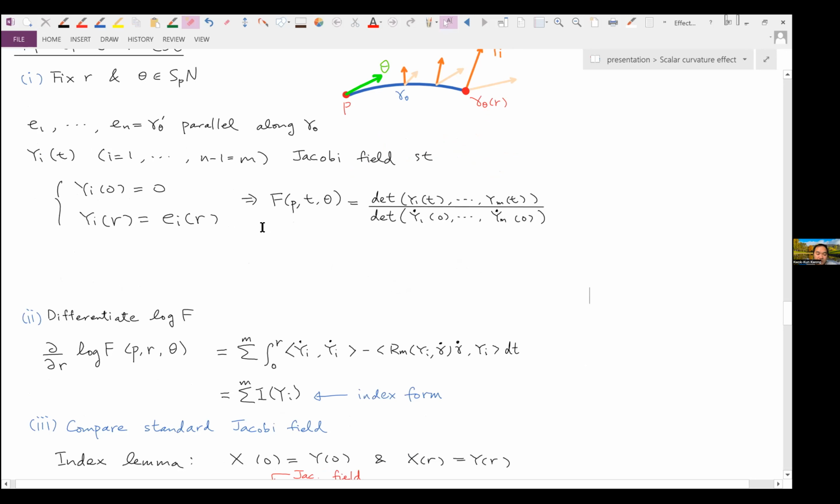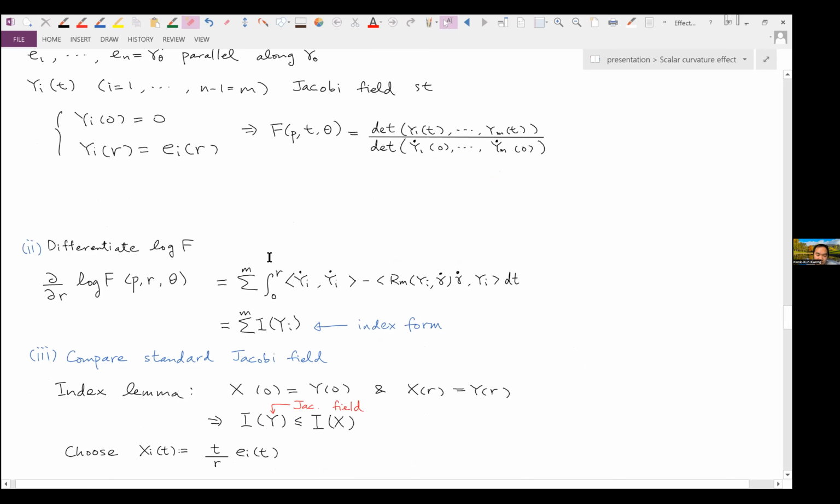If we take the log differentiation with respect to r, it's not too hard to see that it will give you the index form. This is because if we differentiate the determinant, you get the trace, so you see a sum of something, and that something turns out to be the index form. So if we differentiate log f, we get the sum of the index forms, sum of I of Y_i.